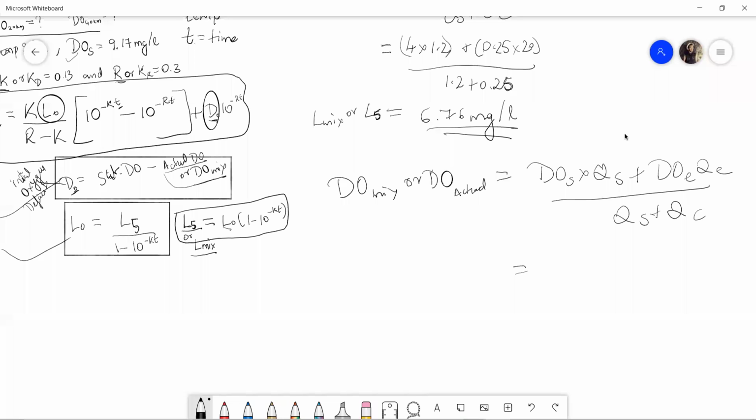It is 1.2 multiplied by 9.17, plus 0.25 into 5, divided by 1.2 plus 0.25. What is the answer?